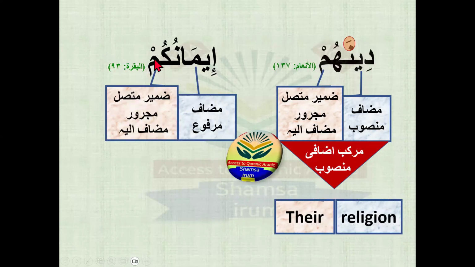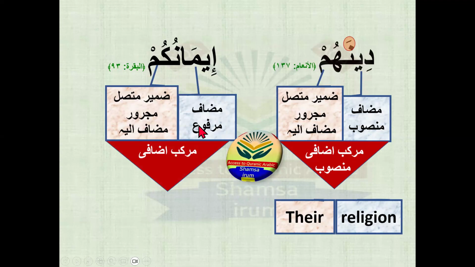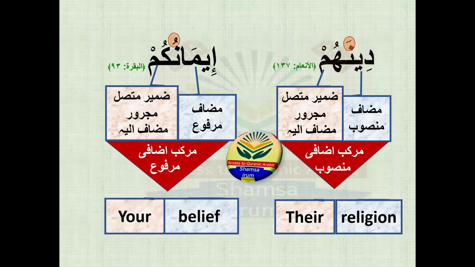Imanu is mudaf, and kum dhamir is majroor, mudaf ilay. This is murakkab izafi. What's the i'rab here? Mudaf is imanu, and because we can clearly see the dhamma on the last letter of the word iman, it means it's in marfu state. Meaning is your belief.